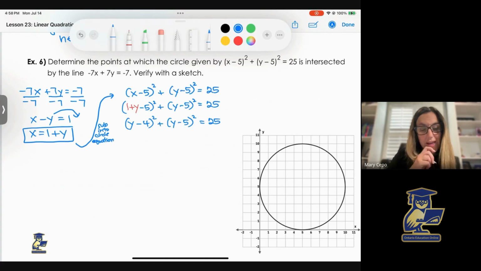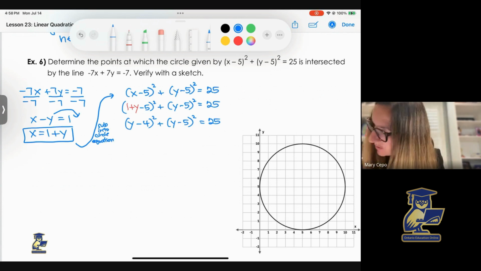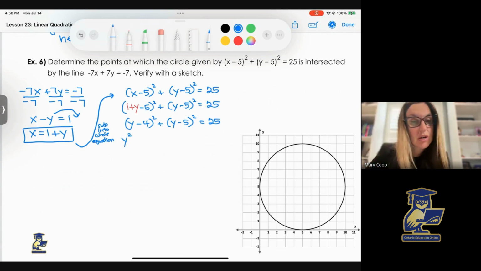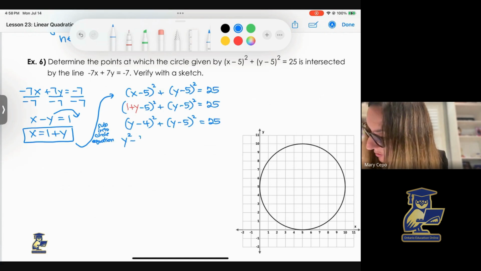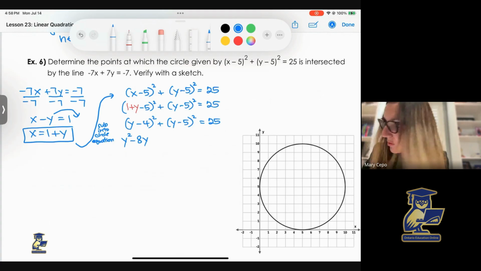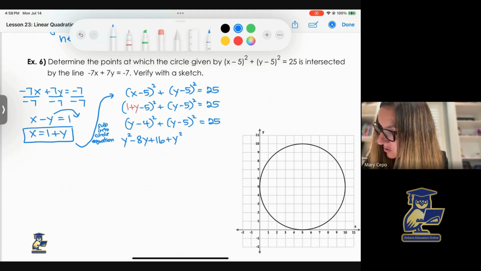Again, a binomial square. Remember when we did factoring, but now we're expanding. A binomial squared becomes a perfect square trinomial. So we square the first, which is y squared. Then 2 times those two multiplied together: negative 4 times y is negative 4y, times 2 is negative 8y, and then negative 4 squared, which is 16. Likewise, y squared, 2 times those two multiplied together, negative 10y, plus 25, minus 25 has to equal 0.